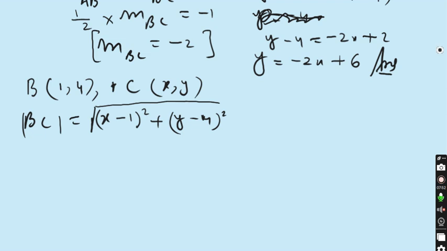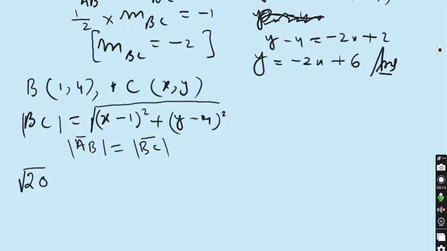So the distance of AB is equal to the distance of BC. And in part number 1 we have already found the distance of AB, that is root 20.